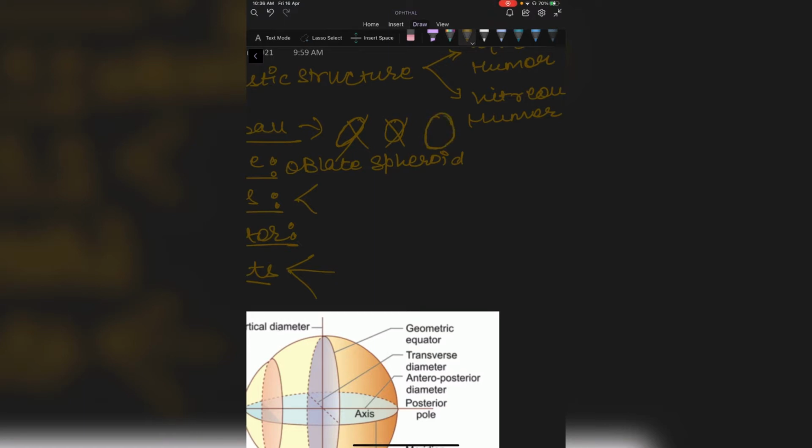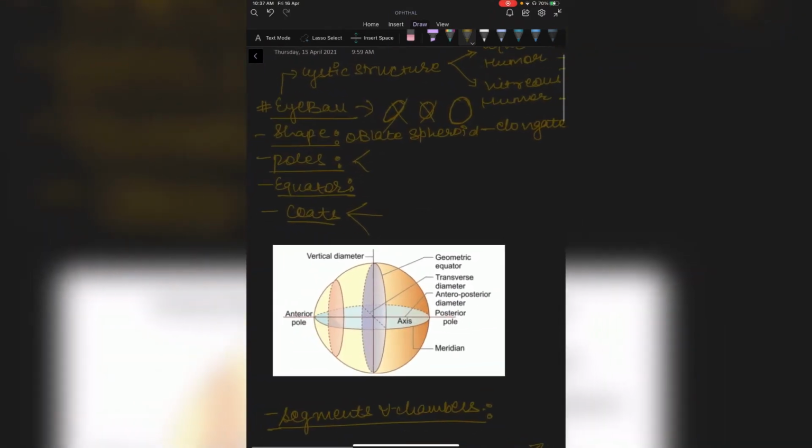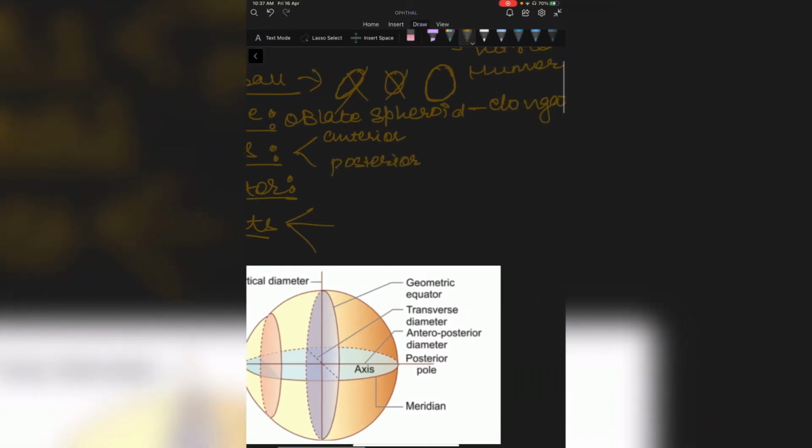So it is an oblate spheroid. Basically, we can say it is an elongated sphere, right? Then we come upon the poles. There are two poles, the anterior pole and the posterior pole, right? So the anterior and posterior poles.